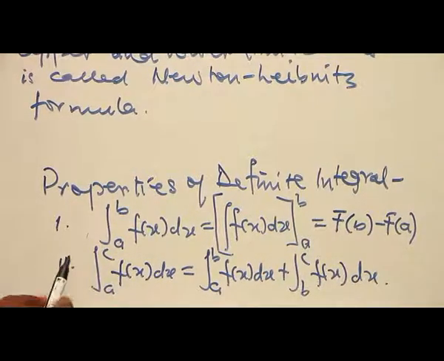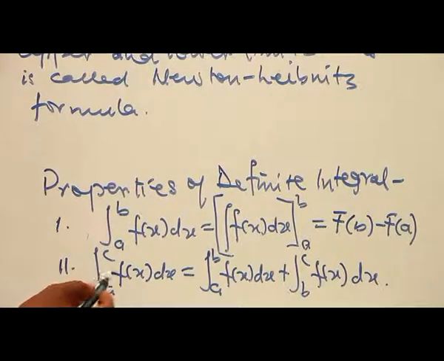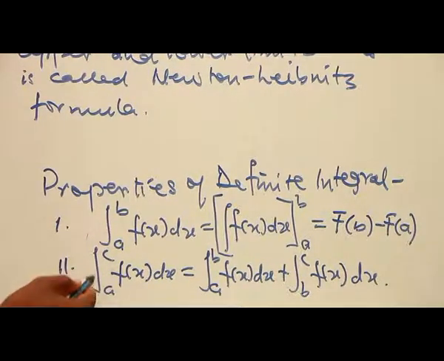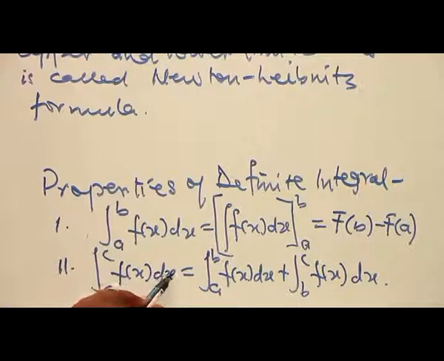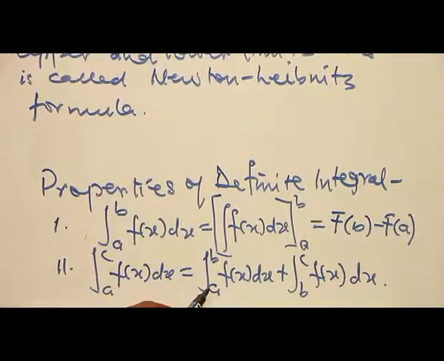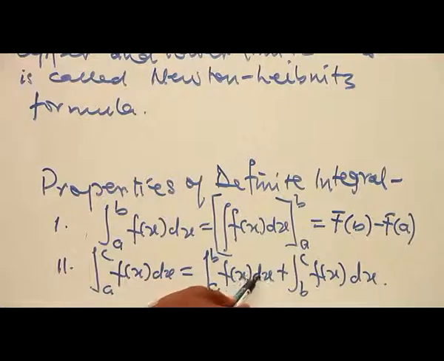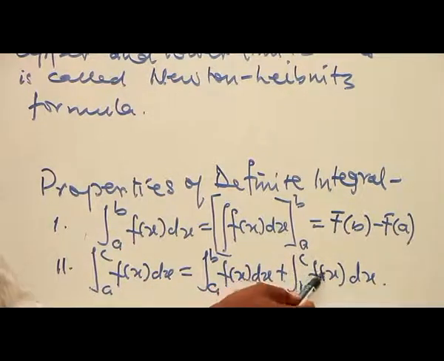The second property is, if you are integrating a function from the point A to a point C, f of s ds, this will be equal to integrating it from A to B, f of s ds, and then from B to C, f of s ds.